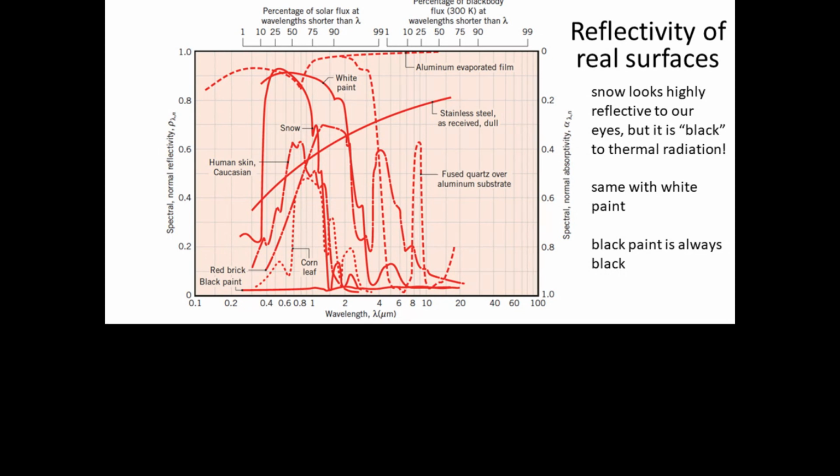Right? So the light from the sun bounces off the snow. But if the snow is next to the hot wall of a building, all that heat that is coming from the wall, the snow is sucking it up, all right. Isn't this interesting? So, no more Snow White for you. Same with white paint.